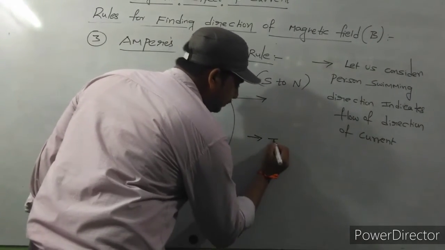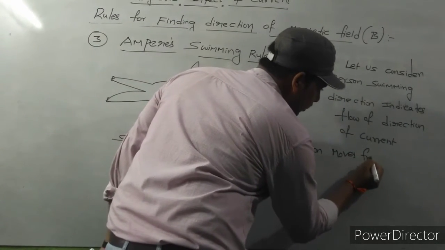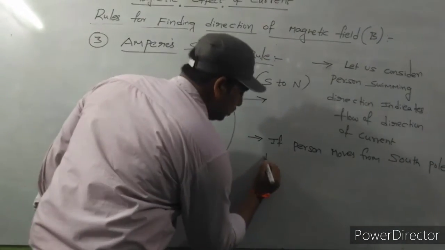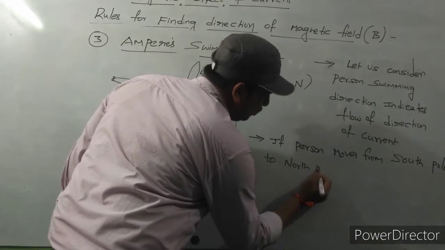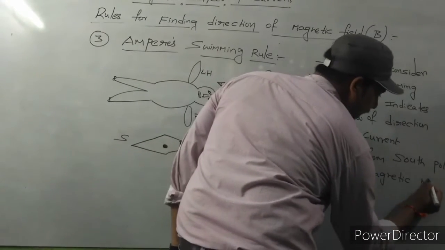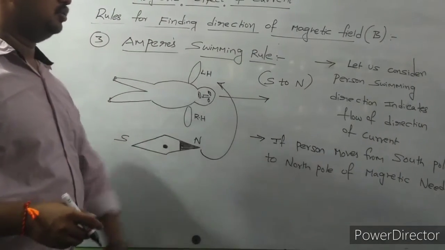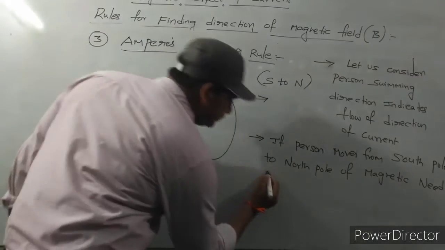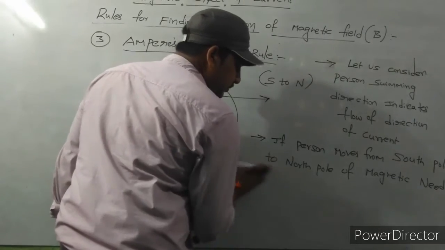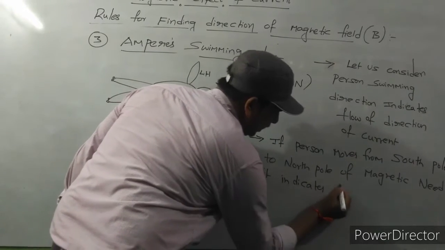If the person moves from south pole to north pole of the magnetic needle, it indicates the direction of current.